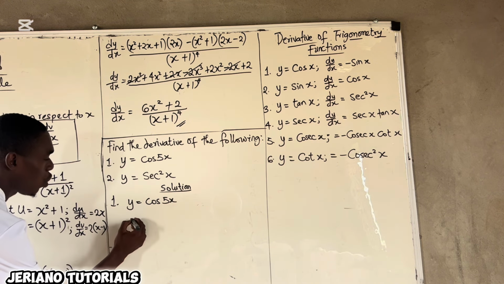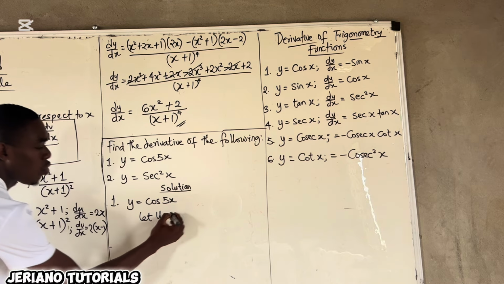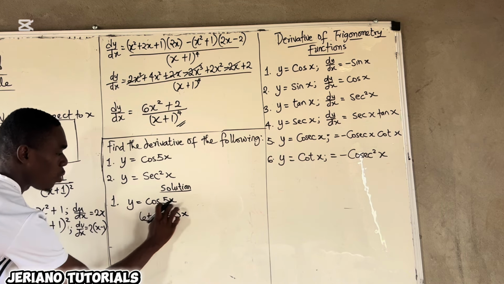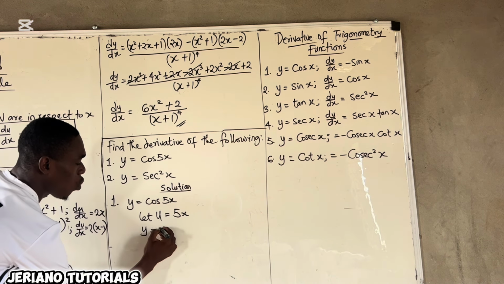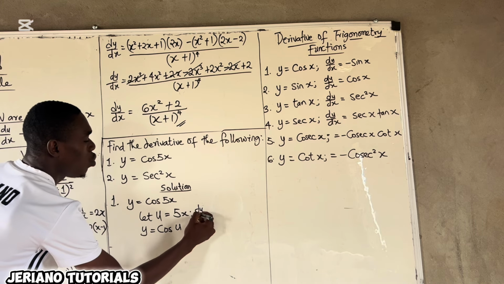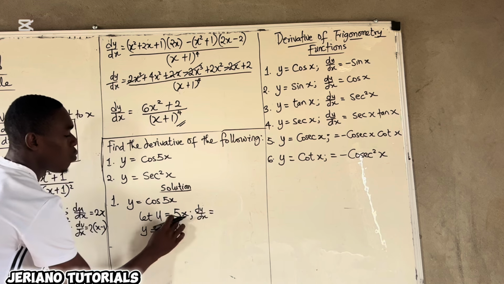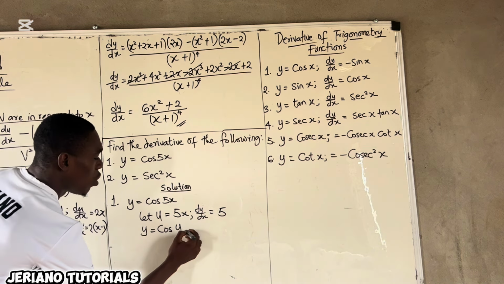Now let u be equated to 5x. So it means y is equal to cos u. Now if we find du dx, it is going to be 5.